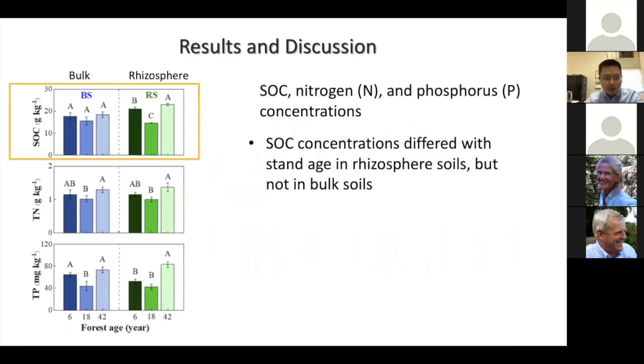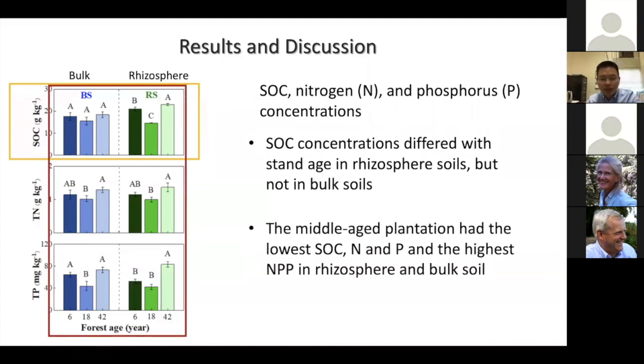In my results, first I found that SOC concentration differed with stand age in rhizosphere soil, but not in bulk soil. The middle-age plantation has the lowest SOC, nitrogen, and phosphorus, with the highest NPP.